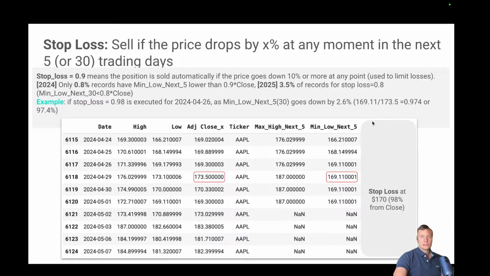And in the simulations you see that the lowest price in the next 5 days was 169. So you know that 170 is 98% of 173.5. That means that the lowest price was lower than 98% of the initial price, and this stop loss would trigger an event of selling your stock and closing the losses at 170.